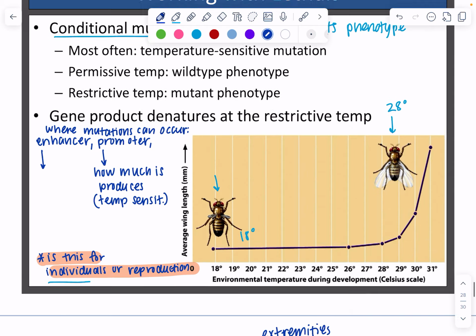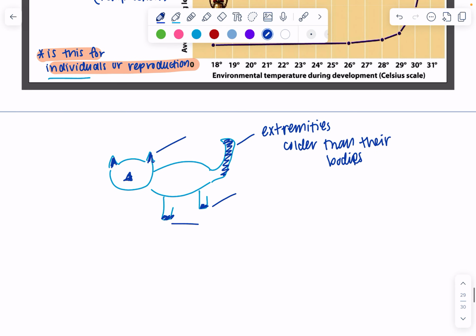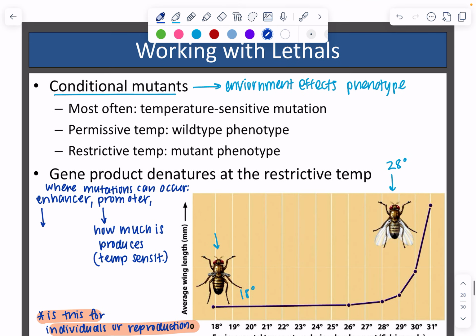In winter, Siamese cats tend to get a little bit of a darker coat on their body because their fur is exposed to colder temperatures. And then in summer, they tend to turn back to more of that white coloring. This is an example of these conditional mutants.